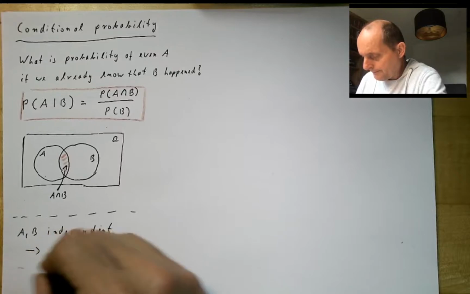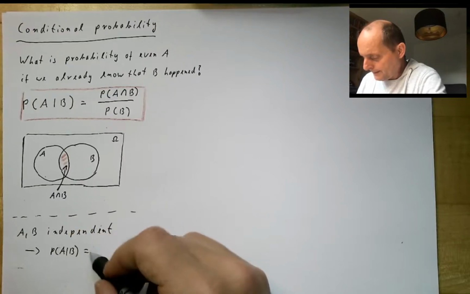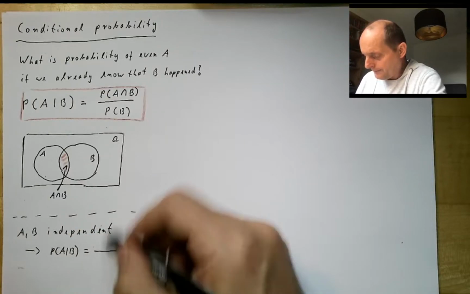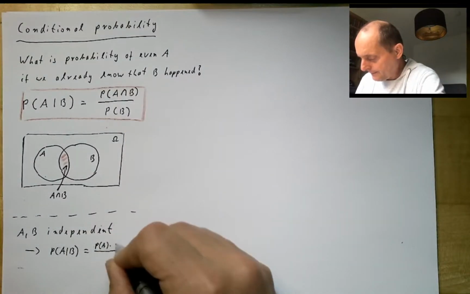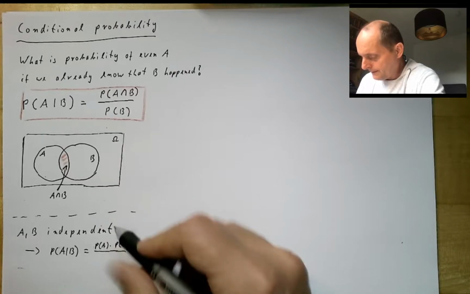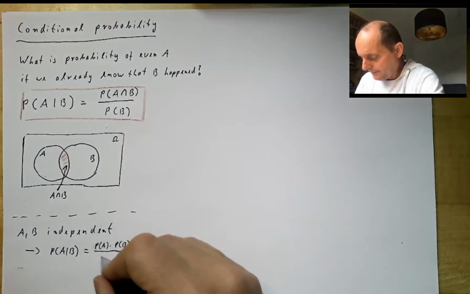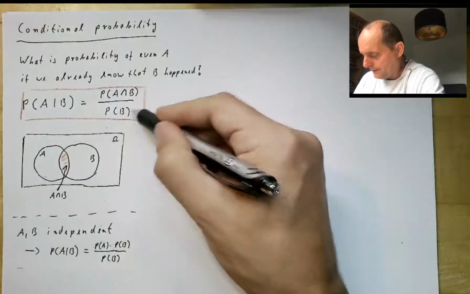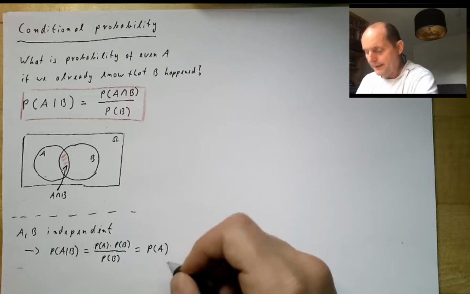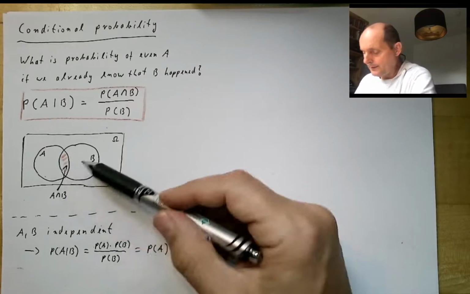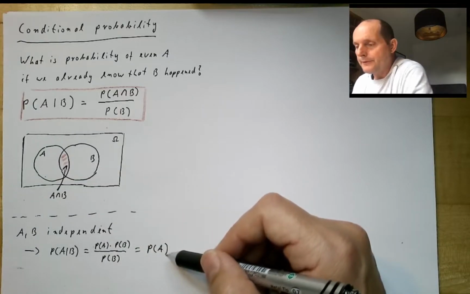Then for the conditional probability, the numerator we can separate into the product of P of A times P of B, since they're independent. We divide by the probability of B, and then you see we have just the probability of A. So if A and B are independent, the conditional probability equals the probability of the event.